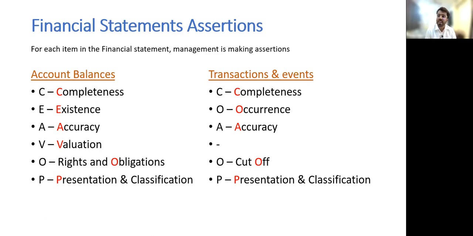Or can you classify that as finance cost? No, it's a rent for your office building. You should classify that as general and administrative expenses, and not as cost of sales or finance cost.